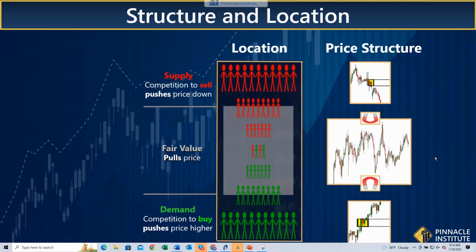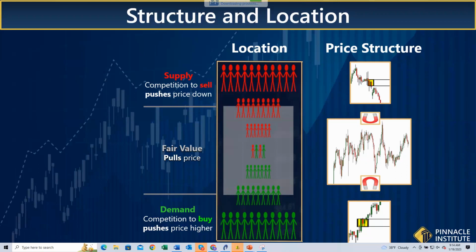But the number one reason, let me say it this way, the only reason why a supply or demand zone would not work is because there's not a large enough imbalance in that area for prices to turn, right? Clearly, we know that.